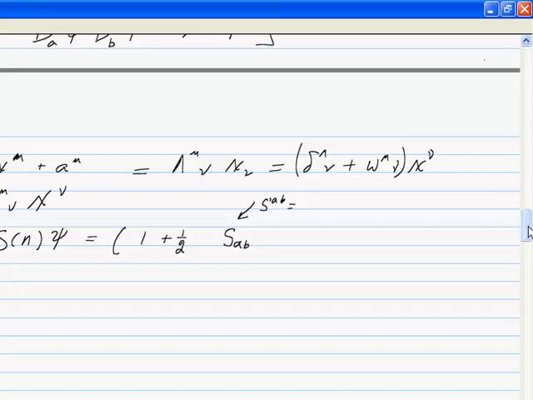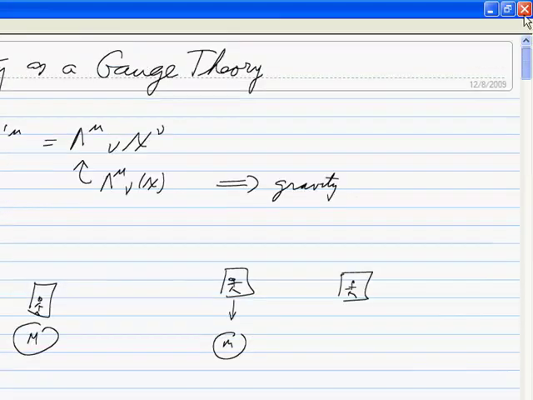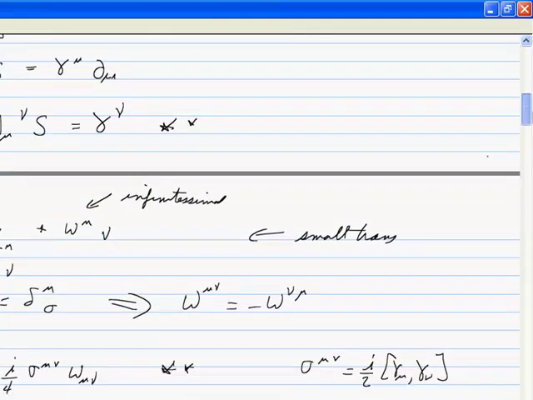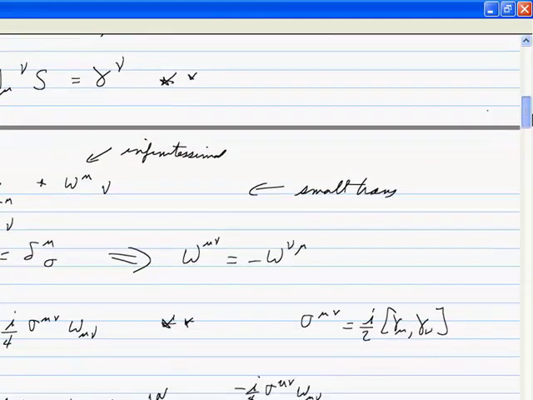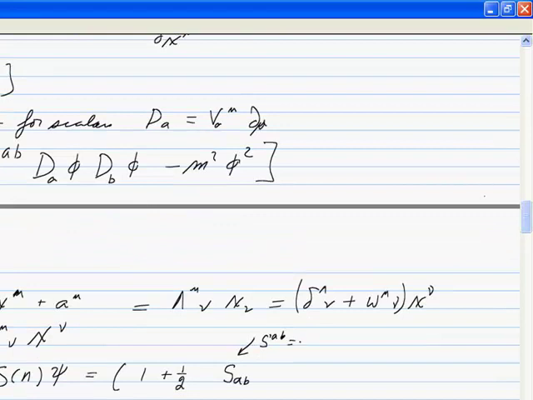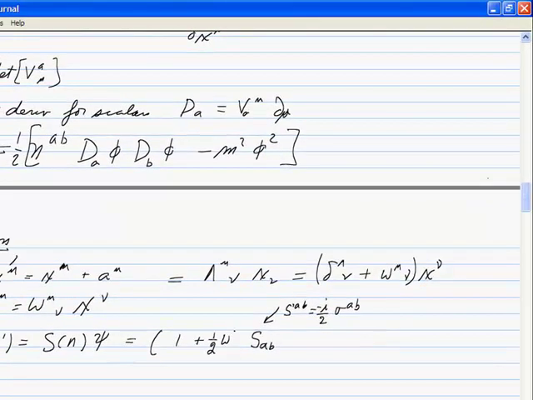Let's see, do I have an i there? Let's just go back up and check. Yeah, this has something with an i in it. It's minus i over 2 sigma_AB omega_AB of x. Okay?